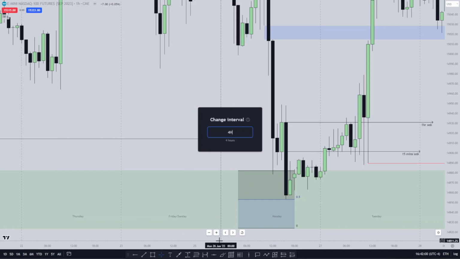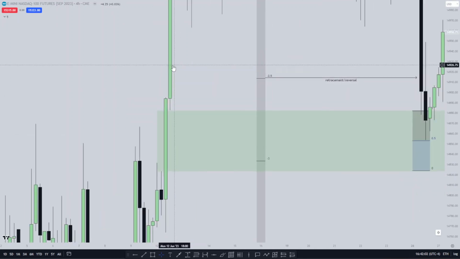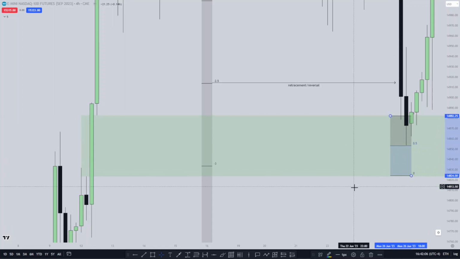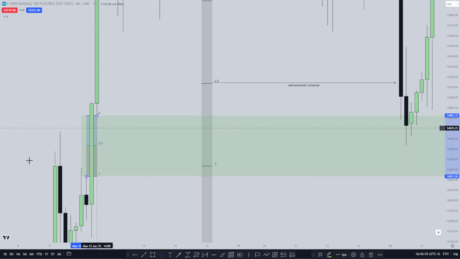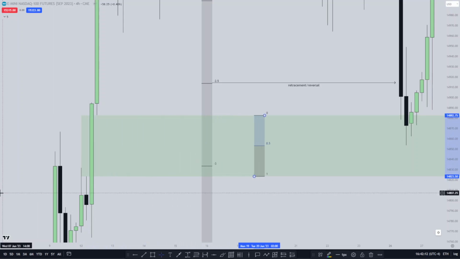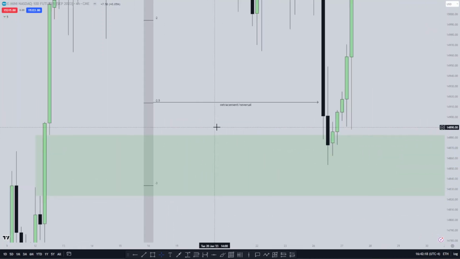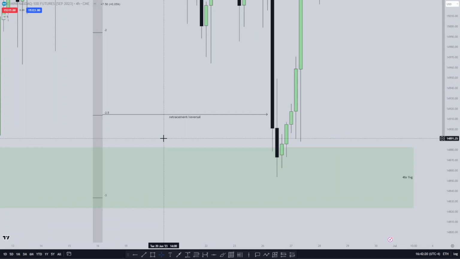Let me show you that it's actually the 4 hour main threshold. Let me align it correctly. You see that? That's the 4 hour main threshold of the fair value gap.